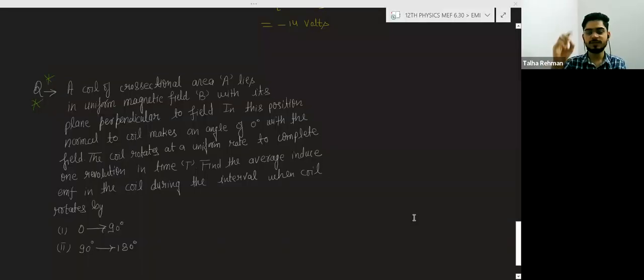For the complete rotation, the coil has to rotate 4 times 90-degree angle, means 360: 90, another 90, another 90, and another 90. This thing you should know. Time taken to complete one rotation is known as the time period. So in one time period, the coil will rotate 360 degree.